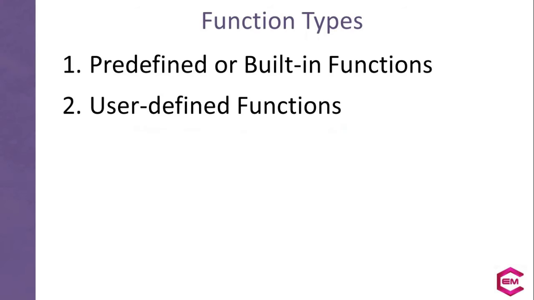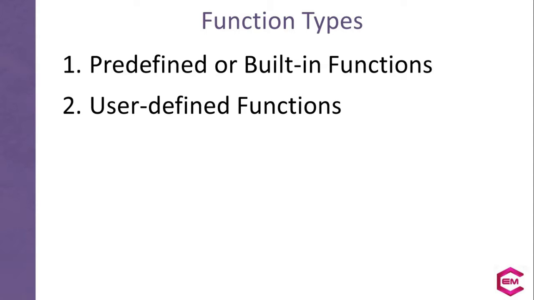So types of functions. Basically in Python we have two types of functions, namely predefined functions or built-in functions, in other words. The second type of functions are called user-defined functions.